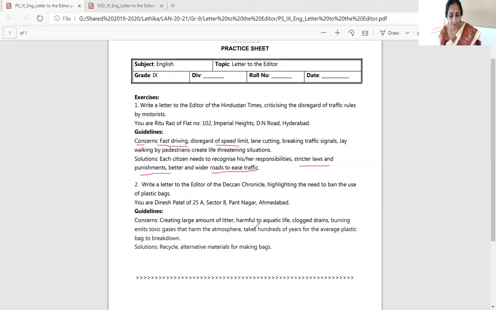So put all this in sentence form, give your own ideas and make the letter more attractive. It should be very clear what you're trying to convey to the editor and what actions they have to take with regard to your problem. Okay, so that is about letter to the editor.